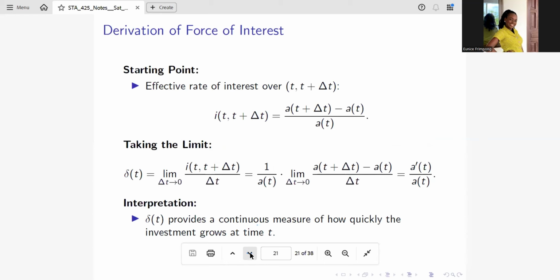So let's consider this. This is time t, and this is time t plus change in t. Now this change in t is a very, very small change in t, okay? So what is the interest over this period? What is the rate of interest over the period from time t to time t plus change in t?